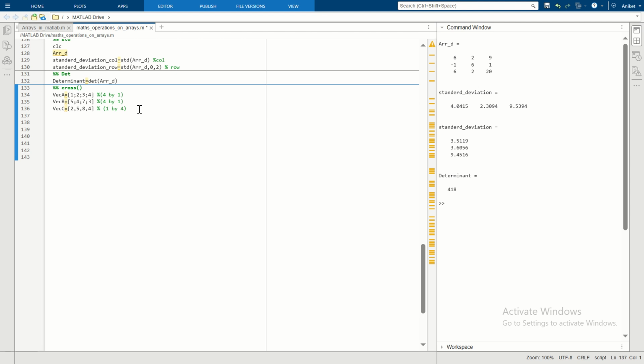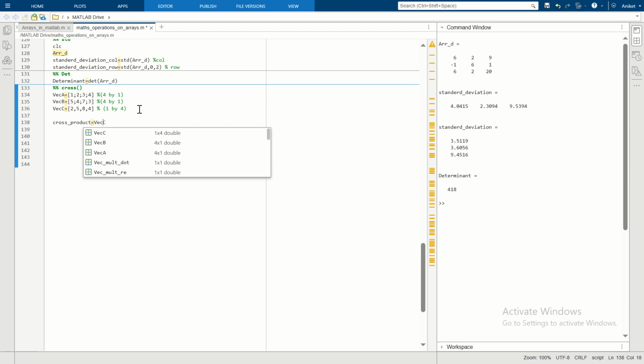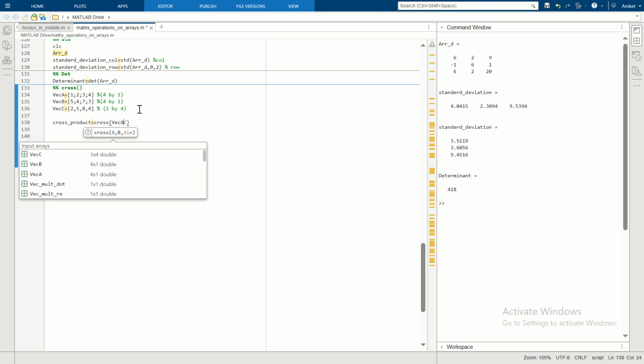And we'll perform cross product is equal to, sorry, we just have to use this cross command. Then vec A comma vec C.